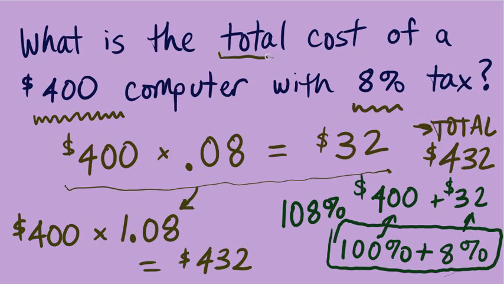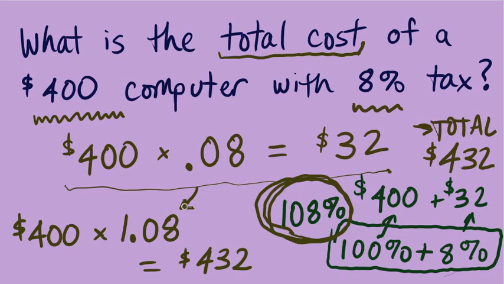So when we see we're looking for a total cost of the computer and tax, we should be able to say, well, that is 100% for the full price plus 8% more for the tax to give us this total 108%. And using that percent in the multiplication gets us right to our final answer of computer and tax combined.